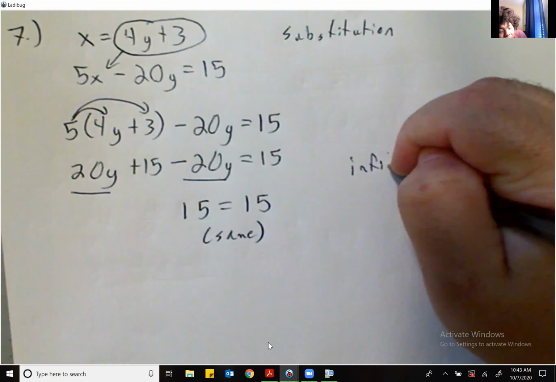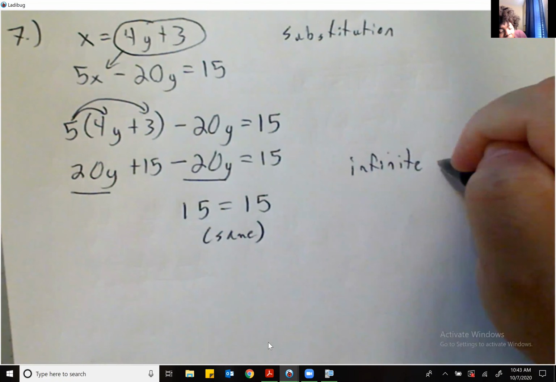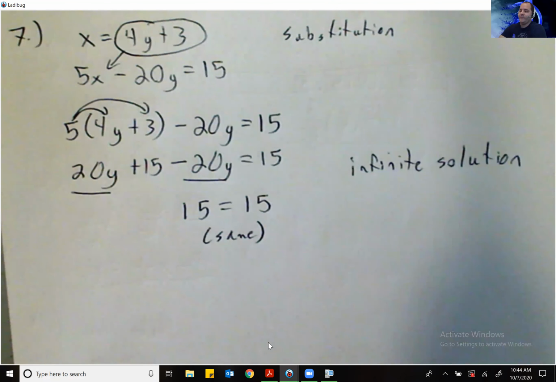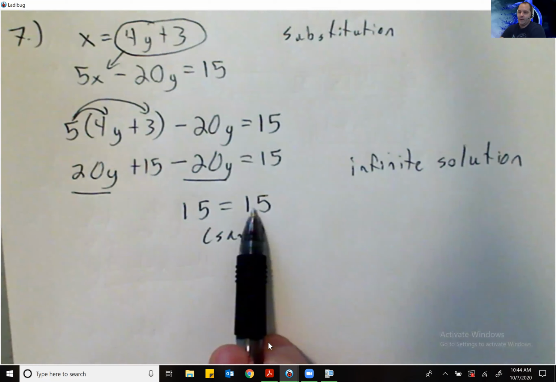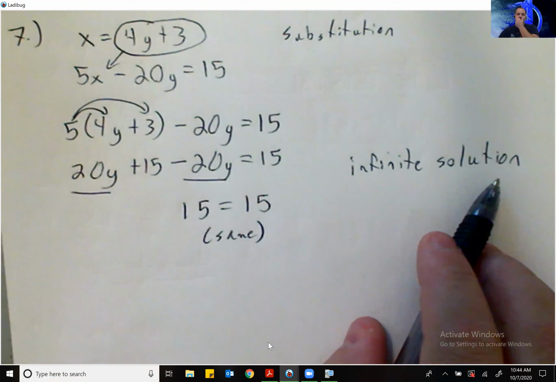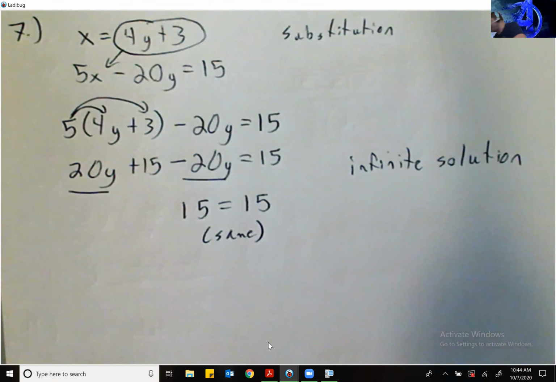If they were different, like 0 equals 15, then it would be a no solution. But this is infinite. So do we select A, B, or C?